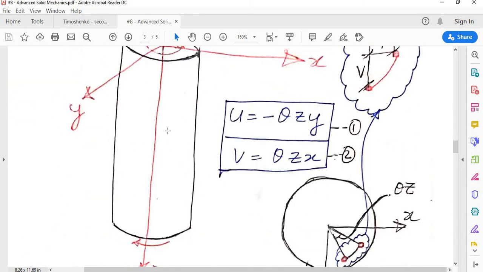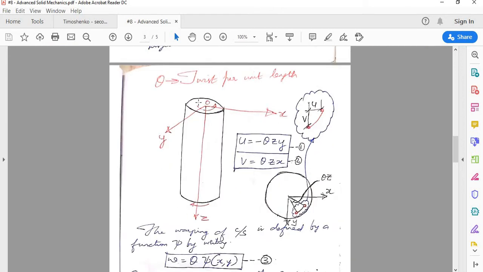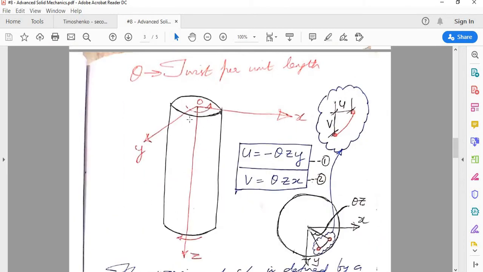So imagine a general element like this. Here I have drawn a general circular cross section, which is something I have done for simplicity, but you can imagine it as a general shape. It can be any general shape. Let us assume these are our coordinate system x, y, z.